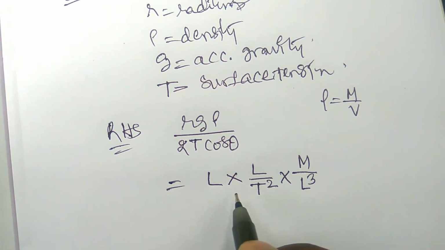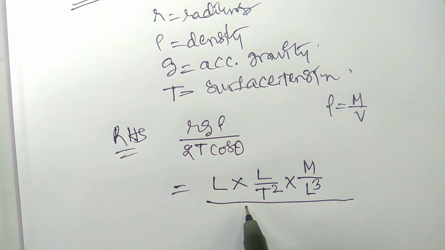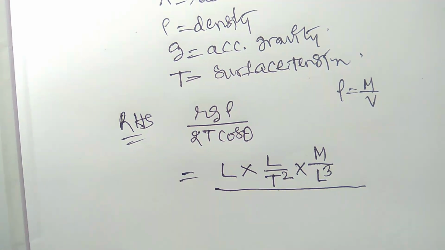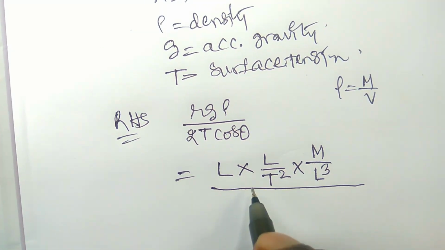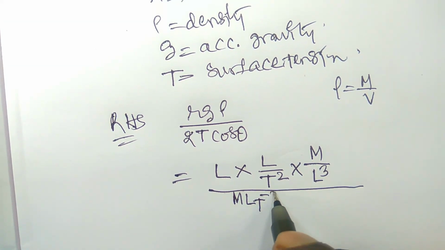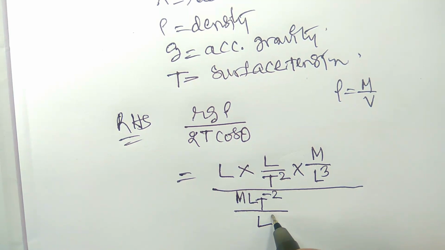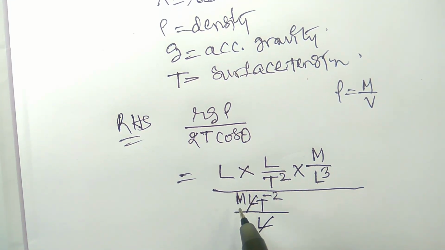Okay, and by T, which is the surface tension. Already you know that surface tension is force by length. Force is equal to m L T minus 2, and length is L. Okay, so this L and L will be cancelled out.